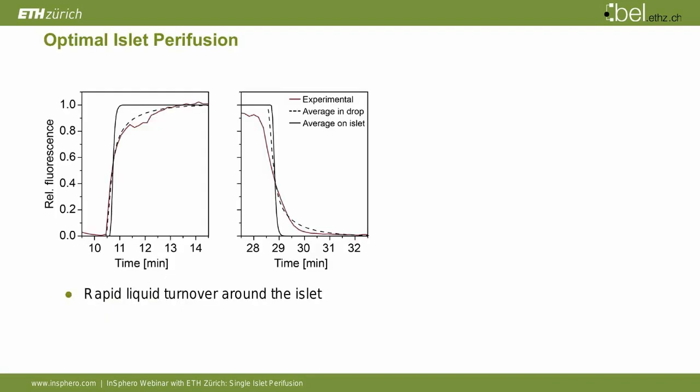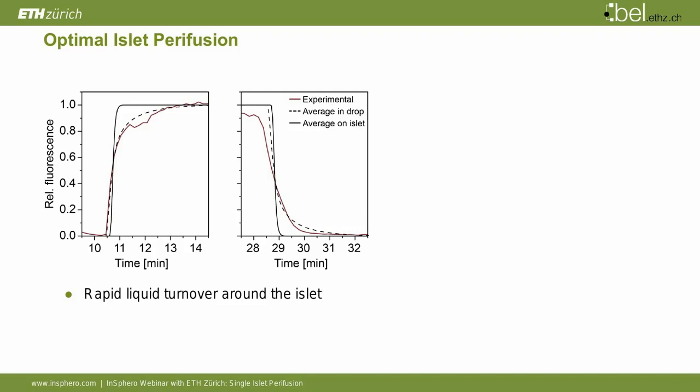Here I would like to show you how fast we can switch between one and the other buffer solution. Here we switch from DI water to a fluorescent dye. You see the red curve, this is the measurement, and the dashed line is our simulation data.